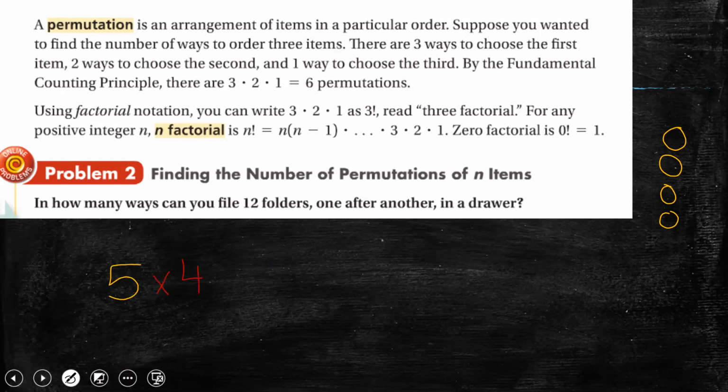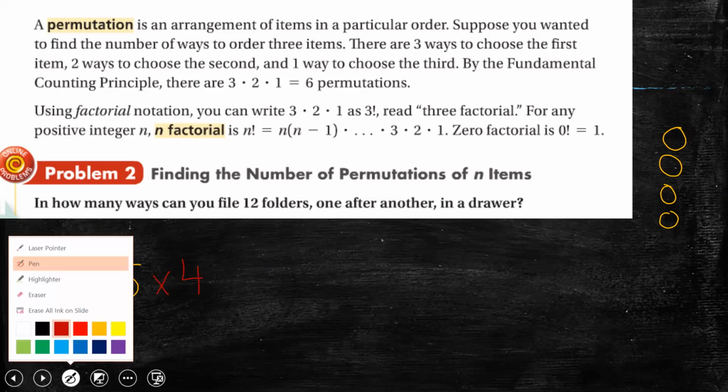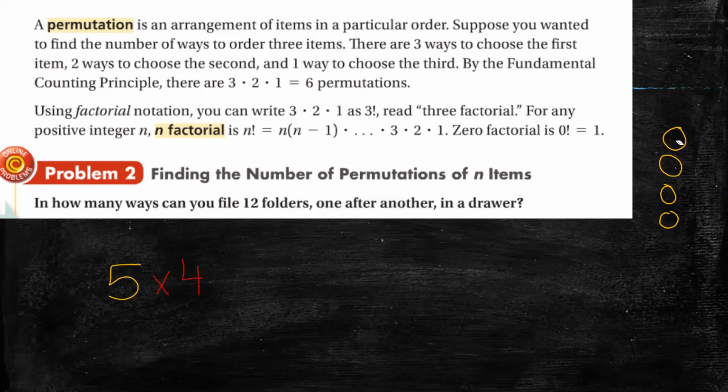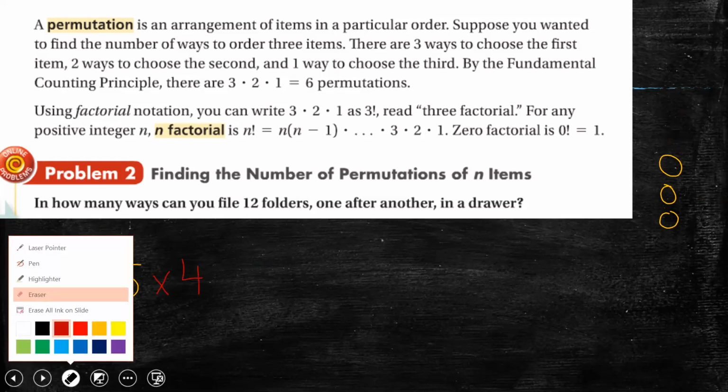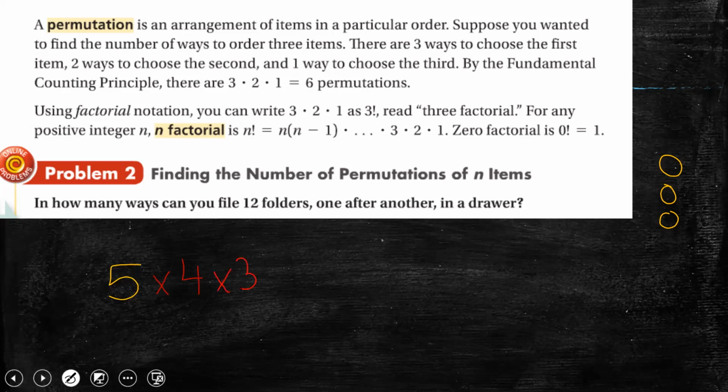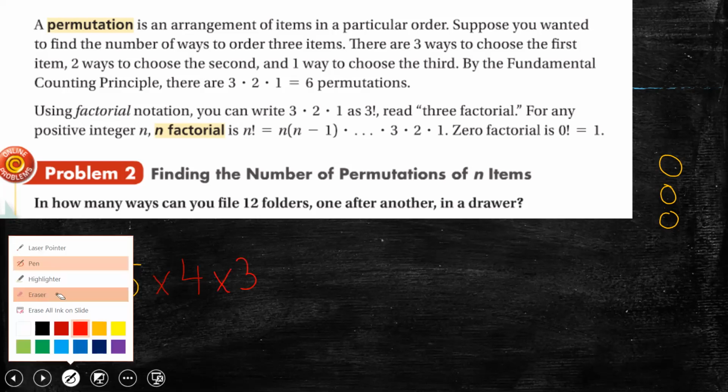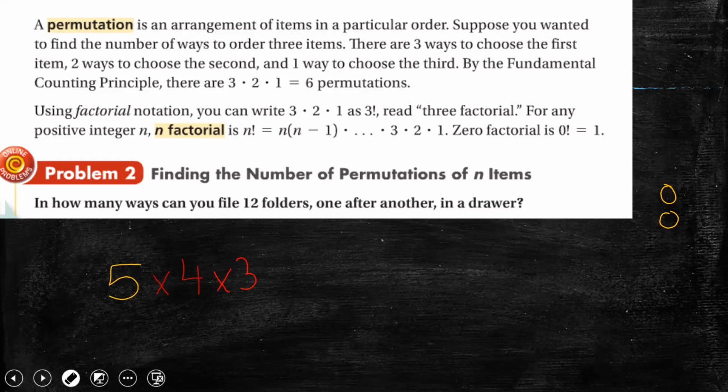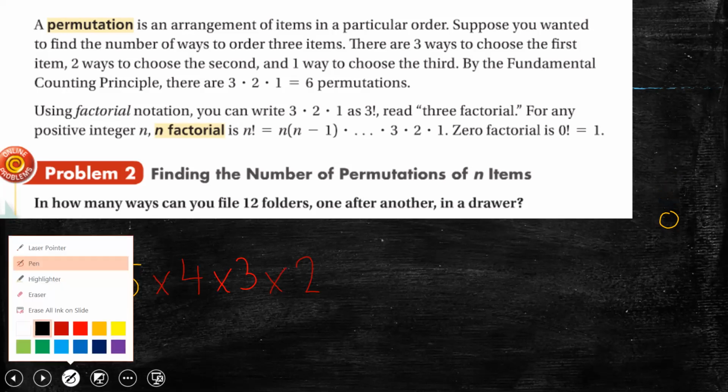We have 4. After you take one of them, what do you have? You have 3. After you take one of them, what do you have now? We have 2. And after we take one of them, how many choices do we have now? 1.